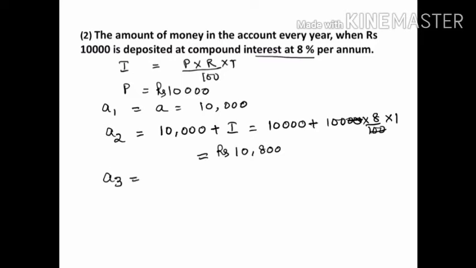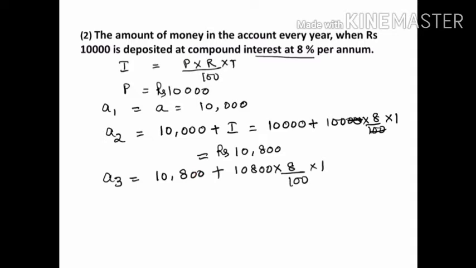For the third year, the amount will be the principal amount at the starting of the year plus the interest. That will be 10,800 times 8 upon 100 into the time 1. 10,800 is the amount available at the end of the second year, which becomes the principal for the third year.